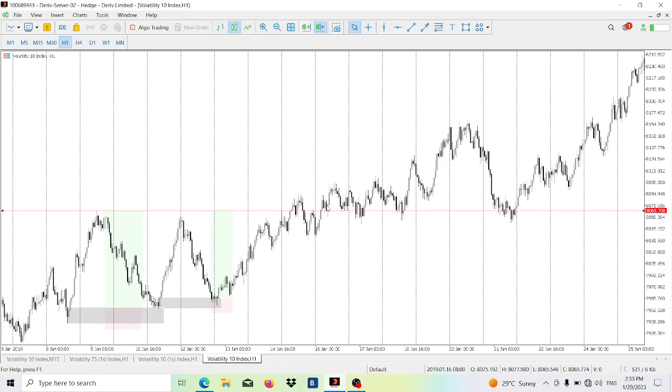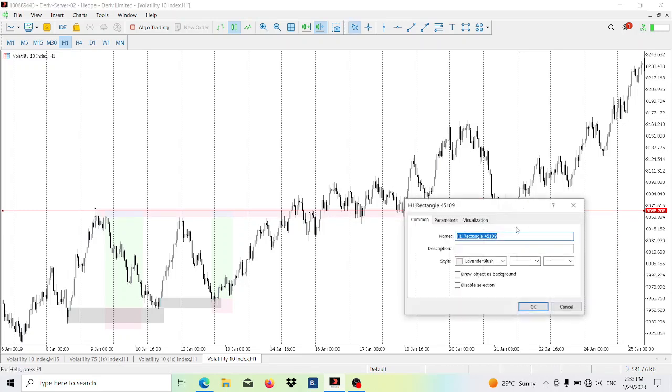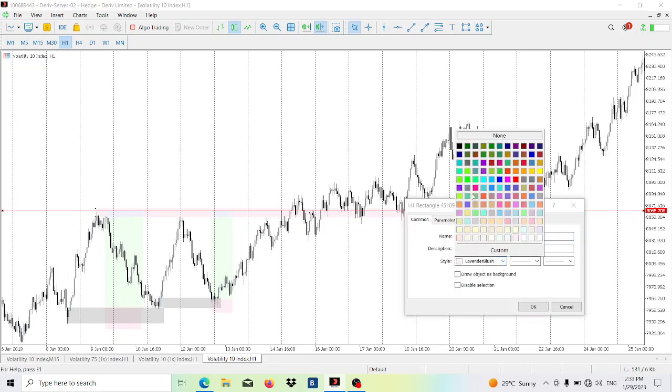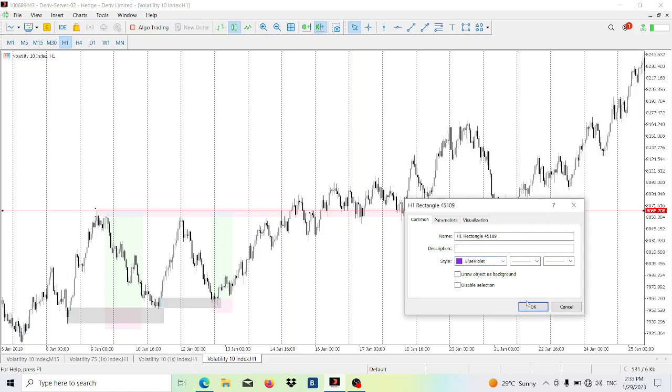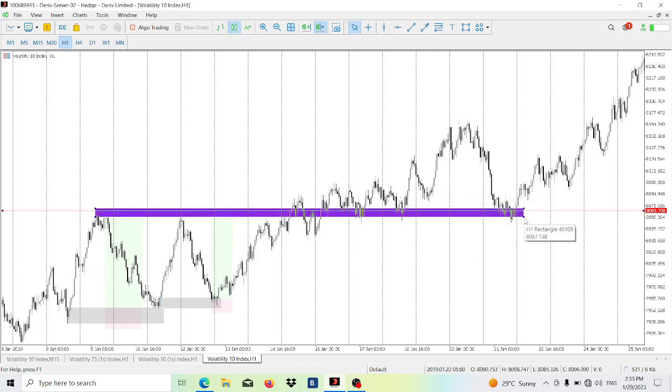Now, mind you, the market has broken this structure now. Let me change this color to purple, blue violet. As you can see here, it's trading above it. Whenever we come to this point, we're looking for buy opportunities.